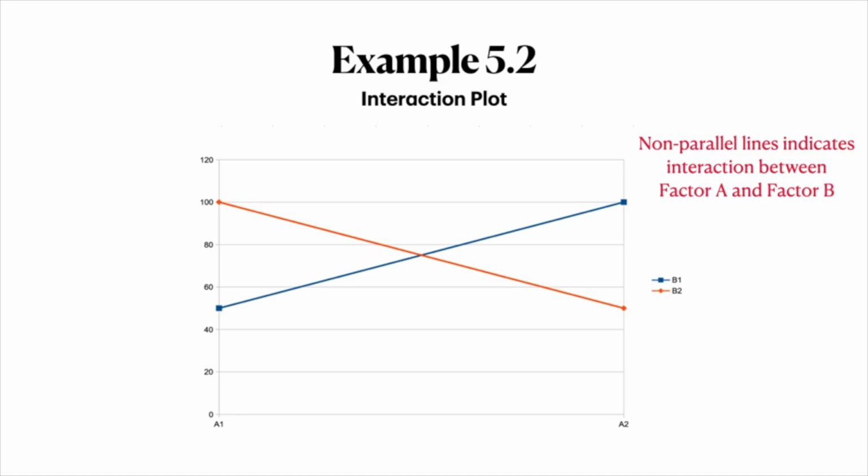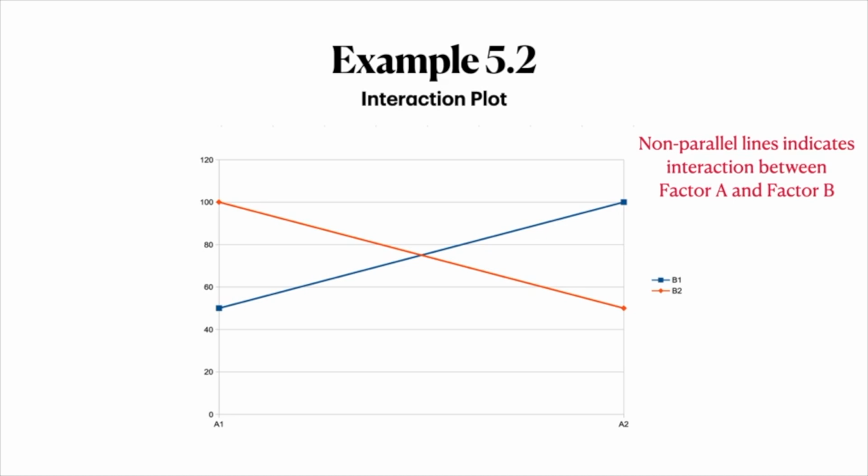In a real situation where we're basing our assessments on data, there's going to be uncertainty with regard to our estimates of the treatment combination mean values, and so uncertainty associated with the lines in the interaction plot.